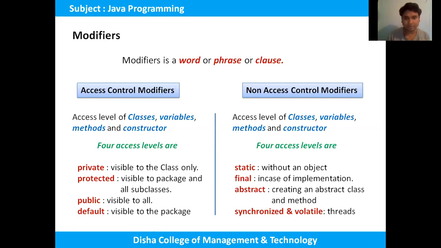These are basically used for threads. Basically, both access modifiers and non-access modifiers are used to fulfill the data abstraction property of object-oriented programming. In object-oriented programming, data abstraction is one of the most important features. Clear?